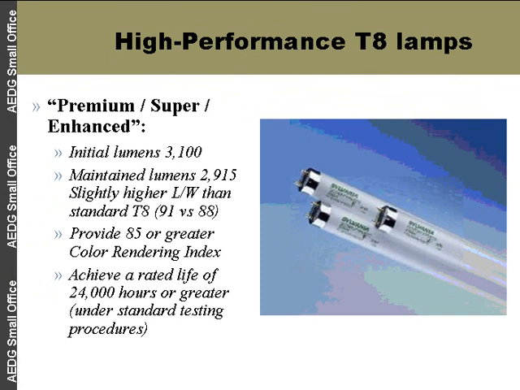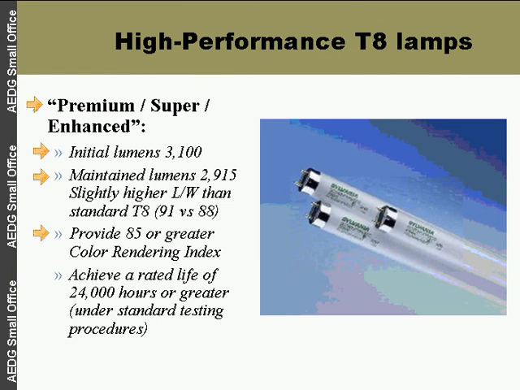So one of the measures we used was high-performance T8 lamps. And if you're not familiar with these, you might have heard them called premium or super or enhanced or high lumen. There are a variety of different lamps that are made by the major lamp manufacturers that all produce about 3,100 initial lumens, and they have very good lumen maintenance, so 2,915 mean lumens.